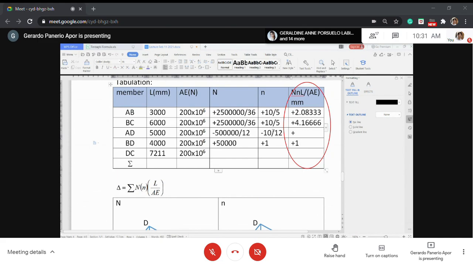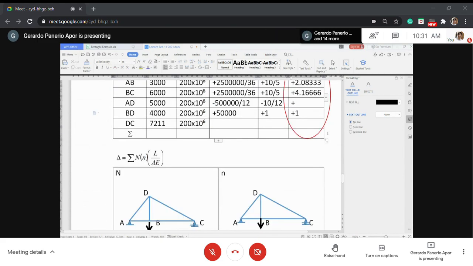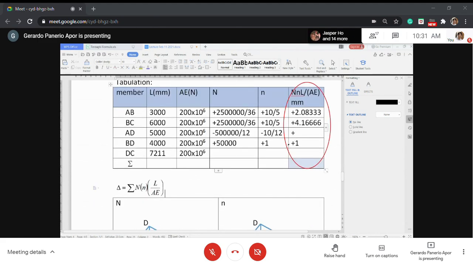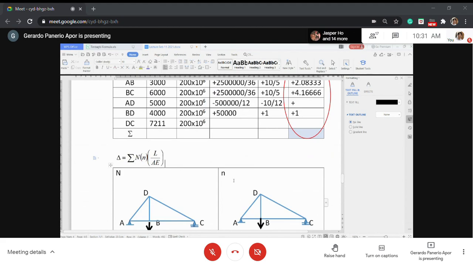So, as for this one, you perform, then you sum all of this here. You can take the sum. Okay. And this sum will be equal to the deflection at C. No?